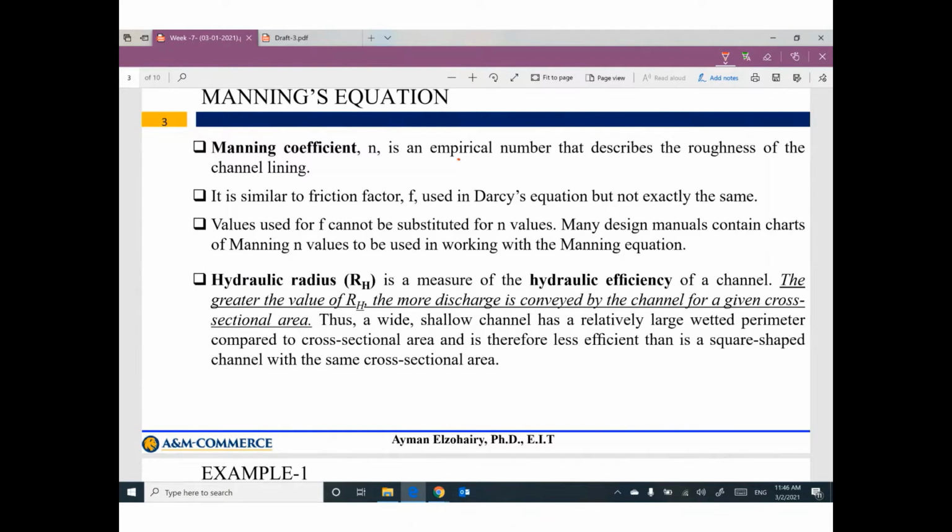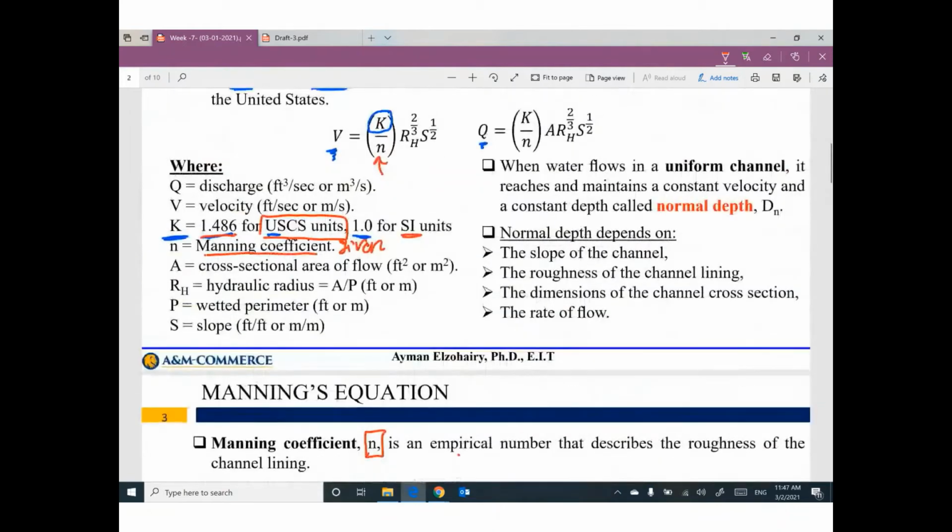That means a channel made from concrete is different from one made from clay, plastic, or stones. All of these channels will be different based on the Manning coefficient. So it will be given.